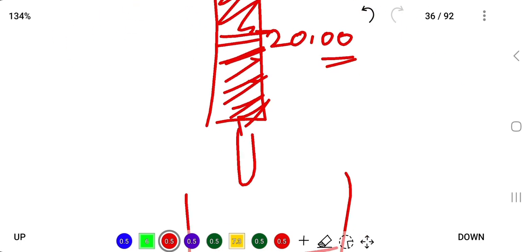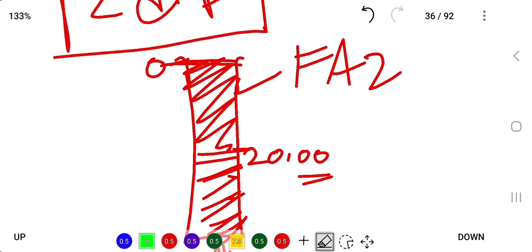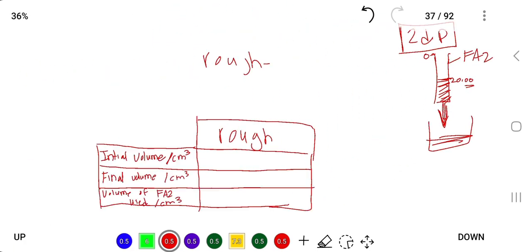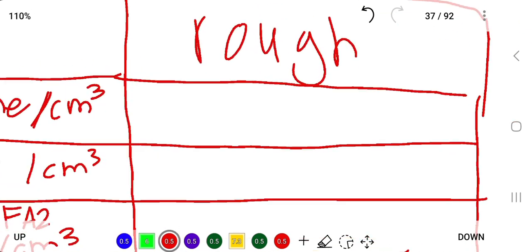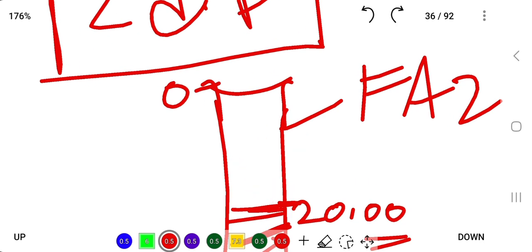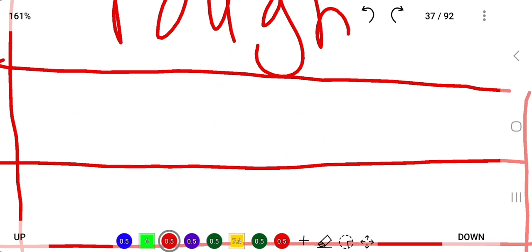And then after you kept on putting it down until there was a color change, you will realize that it reached 20. So 20.00 is the final volume, and 0 was where the solution was at the very first. It's really depending on you. If you start the solution here till it goes to 20, it's really depending on you, but I really highly recommend that it will always start with 0, so you won't have to minus whatever. So just always keep the initial volume as 0.